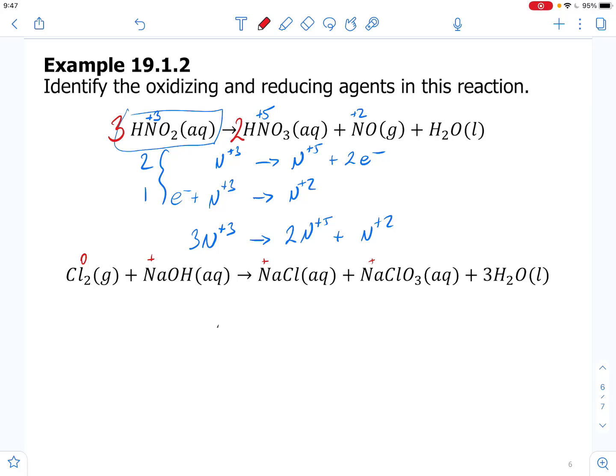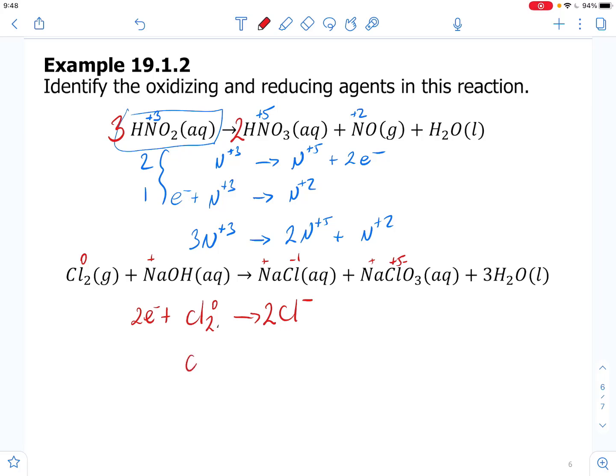So here the issue is with chlorine, that is going from 0 to -1 and to chlorine +5. Okay, so our half reactions are Cl2 0 going to Cl-. In order to do so, we have to add a 2 here. Each chlorine is gaining 1 electron, so we need 2 electrons here.